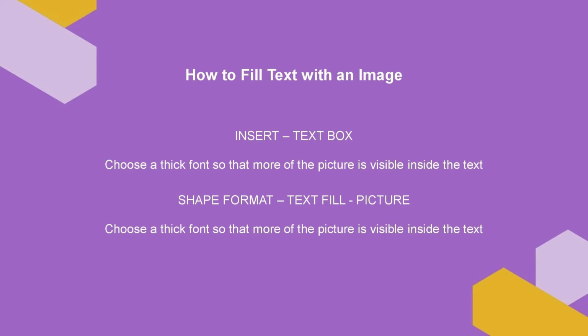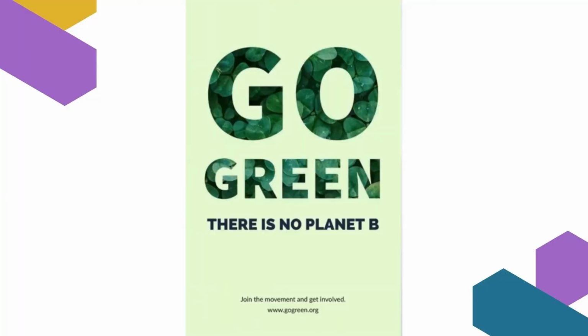And it gives a really effective wham factor, as you'll see in this next slide, where a simple poster has been really enlivened by making the Go Green leaf background. And it really makes this poster stand out and gives it that extra impact. It's a very simple poster, and that's a very, very simple technique for PowerPoint.